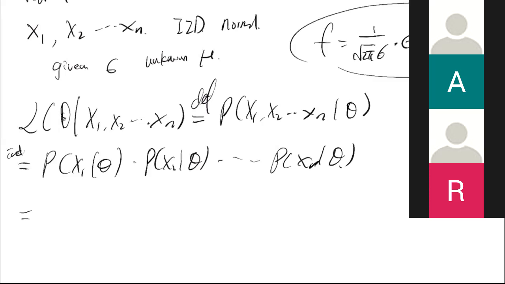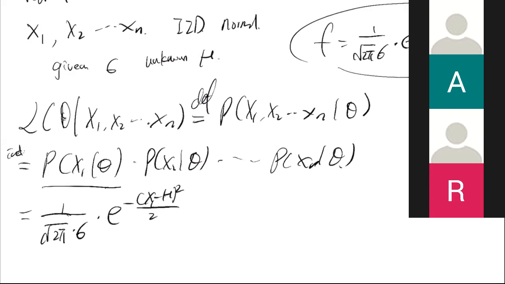So for each of the xi, we're plugging in the probability here. So that's 1 over square root of 2 pi times sigma, times e to the negative x1 minus mu squared over 2 sigma squared, times the second one for x2, which is 1 over square root of 2 pi times sigma.